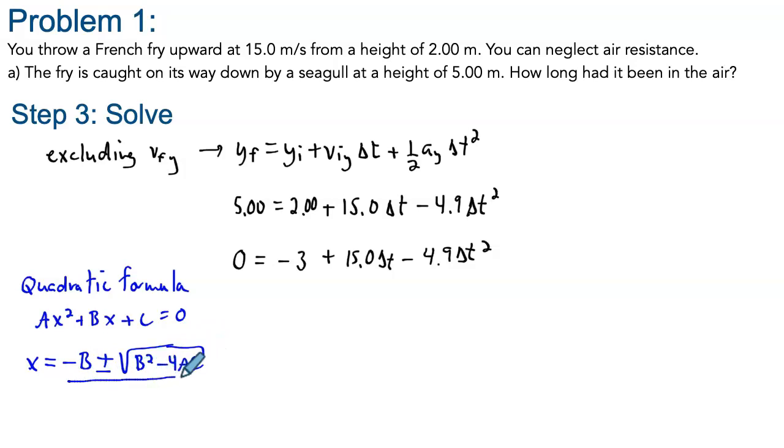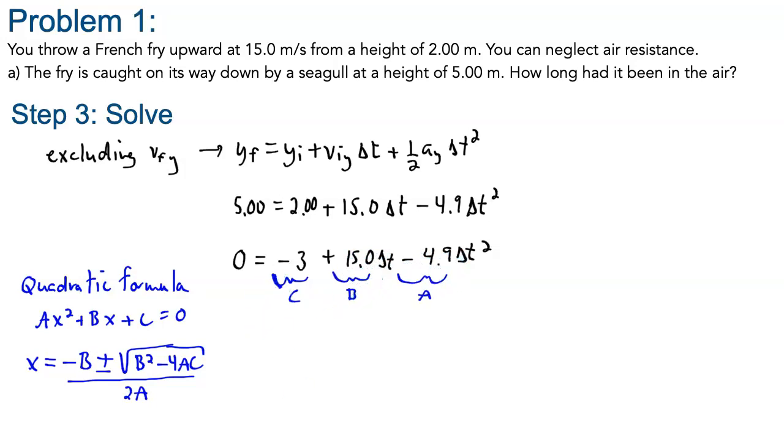And then we have to divide all of that by 2a. So in our initial equation, this in here is equal to c. This plus 15 is the b. And finally, the minus 4.9 will be equal to the a.